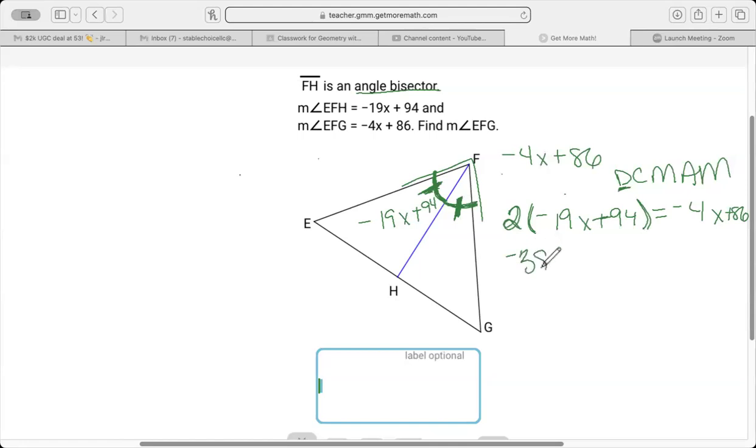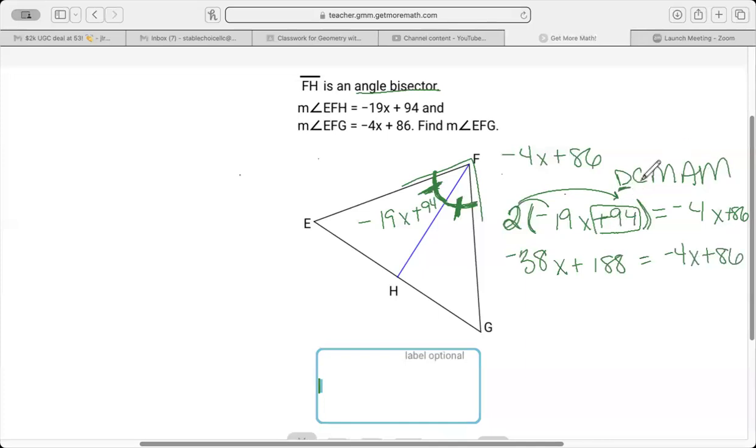Okay, negative 38x. And then we're going to distribute here. 2 times 94 is 188. Okay, and remember to use the sign when you're looking at that 94. So it's 2 times positive 94. And then copy this down.